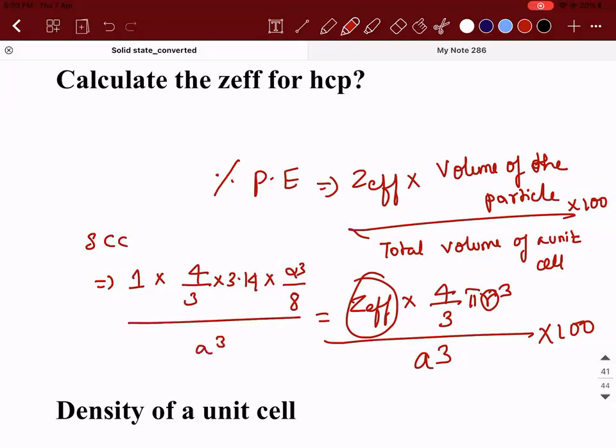I need the exact percentage number. So this a cube and this a cube will get cancelled. Now do the calculations and say the exact percentage.